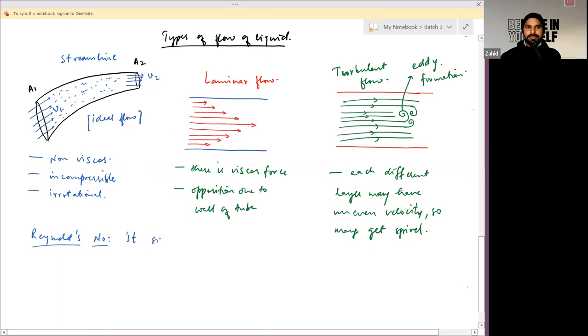It signifies the type of flow on the basis of some specific number.